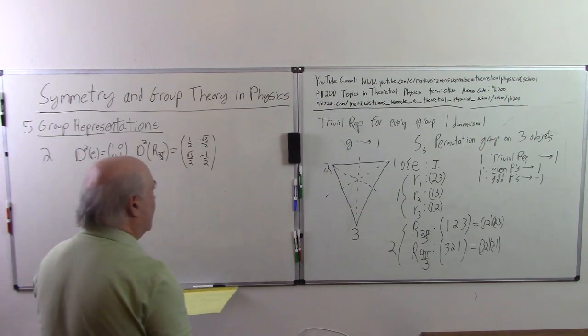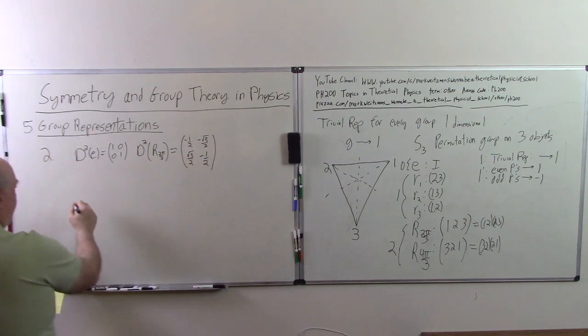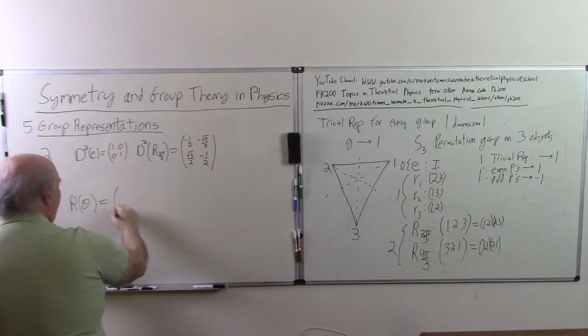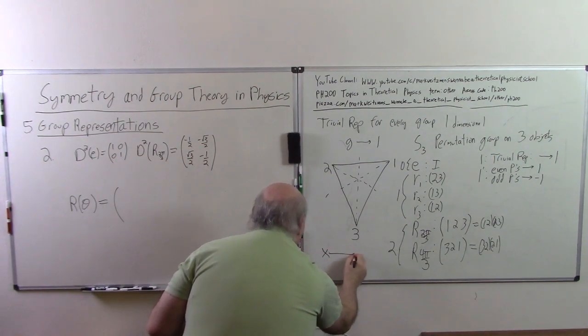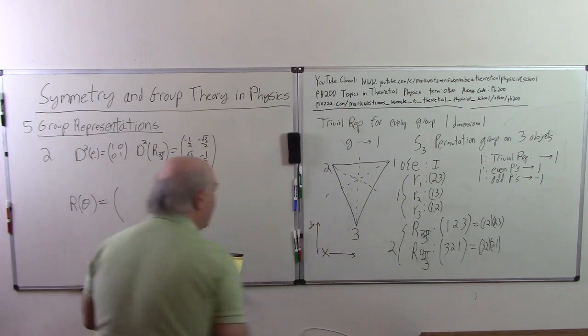Now, for those of you in physics, you remember that a rotation, in general R of theta, we can represent on the coordinates, like here, x is this way, and y is this way.